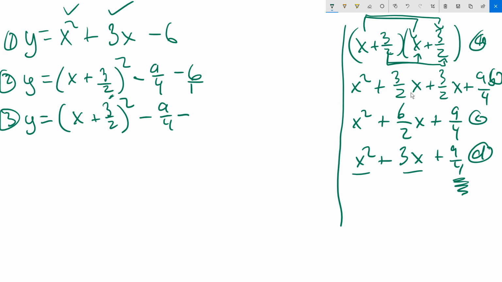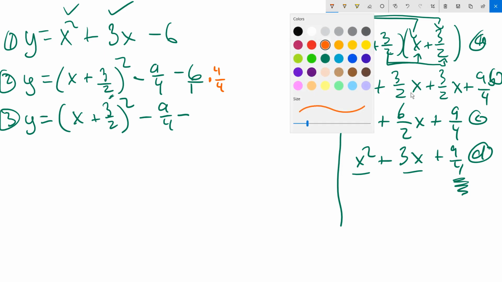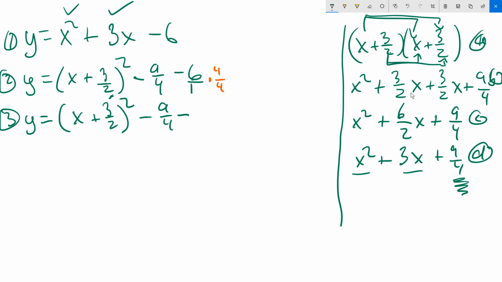I'm going to take my negative 6 over 1 and multiply it by 4 over 4. Remember, 4 over 4 is a form of the number 1. Only and ever you're allowed to multiply by a form of the number 1. So I will have negative 6 times 4, that's negative 24, and in the bottom 1 times 4, that's 4. Now I've rewritten negative 6 as negative 24/4.